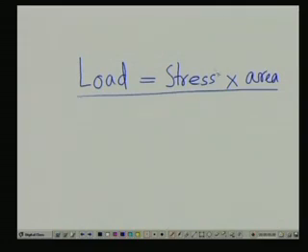Now, if we replace the word stress by another word, strength, I think you won't have any objection. Strength into area. What is the difference? Let us have these two words, where once I use stress, another I use strength.